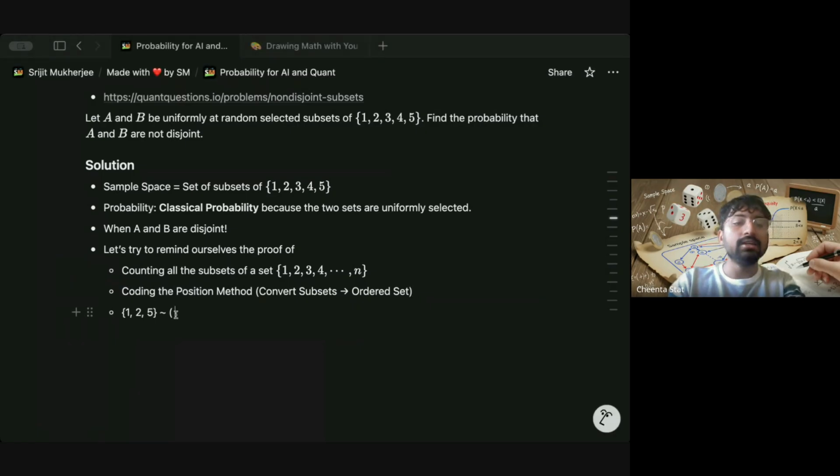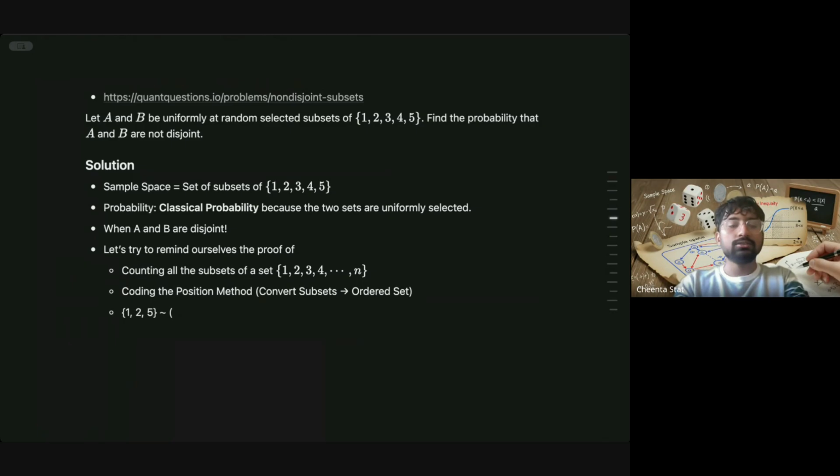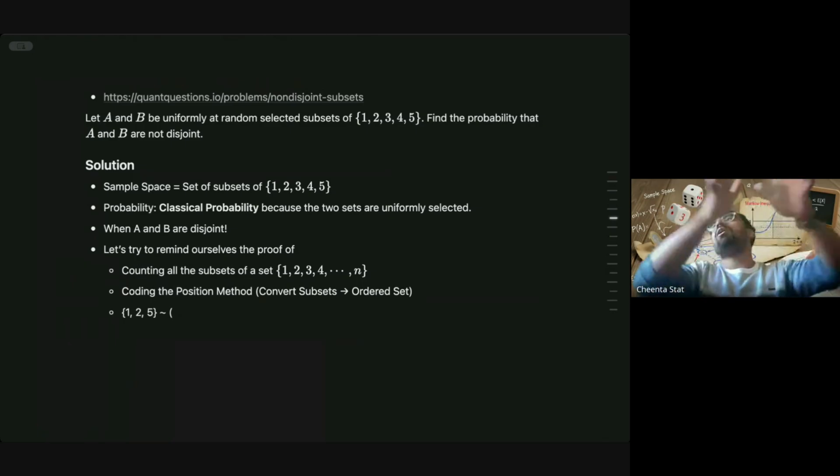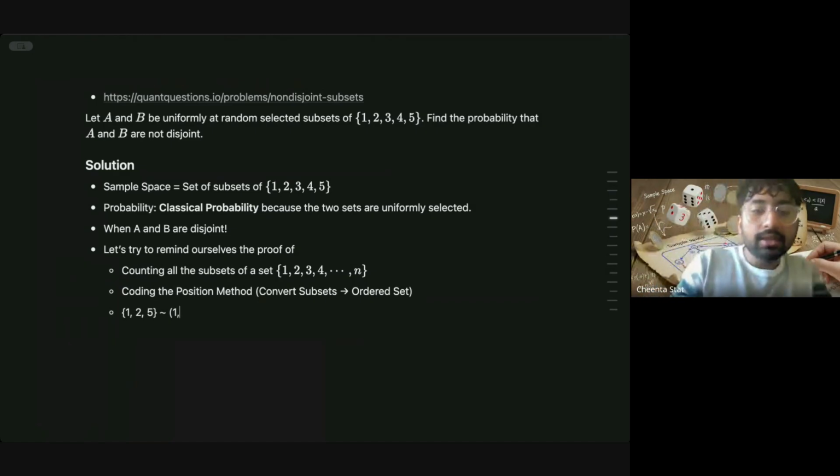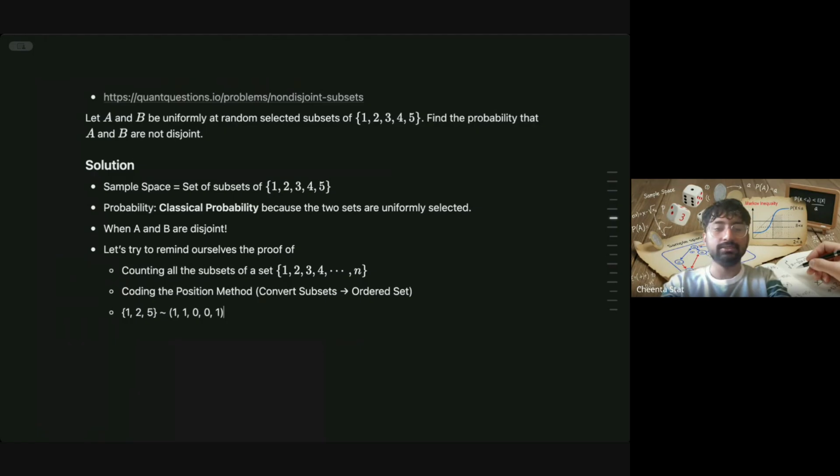We take all the elements 1 to 3 dot dot n, and we write 1 if the element is present, otherwise 0. So 2 is present 1, 3 is not present 0, 4 is not present 0, 5 is present. So it's equivalent.